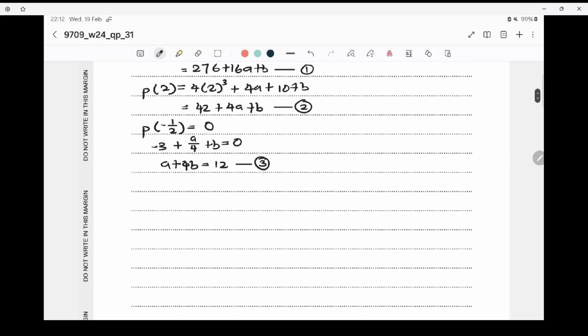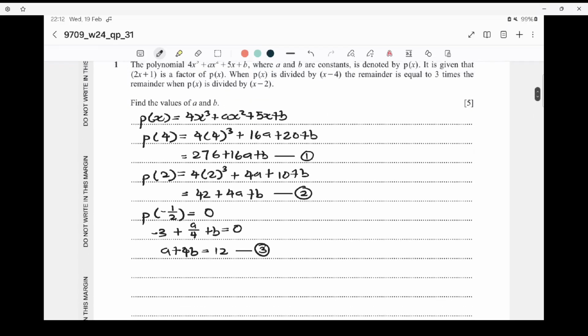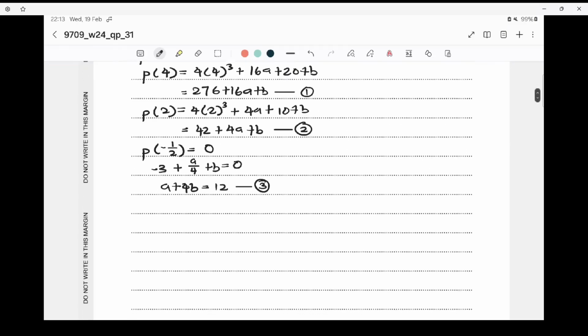The next thing that you need to do is to use the description that the remainder when you divide by x minus 4 is 3 times the other remainder. It means that equation 1 is equal to 3 times equation 2.